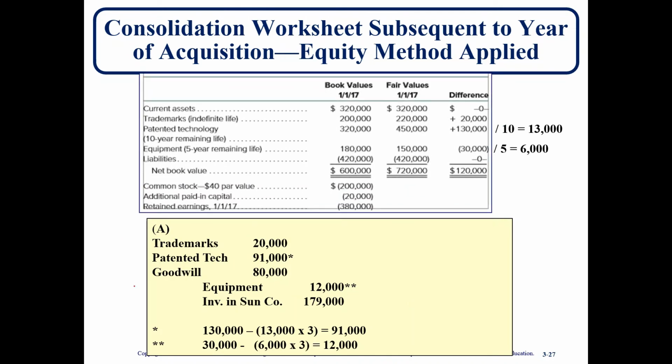Consolidation entry A deals with the differences in under and overvalued assets and liabilities. We didn't have any differences in liability values as of January 1st, 2017 on the date of acquisition, so we don't have to worry about liabilities, only assets. We had trademarks that were undervalued, patented technology that was undervalued, and equipment that was overvalued.